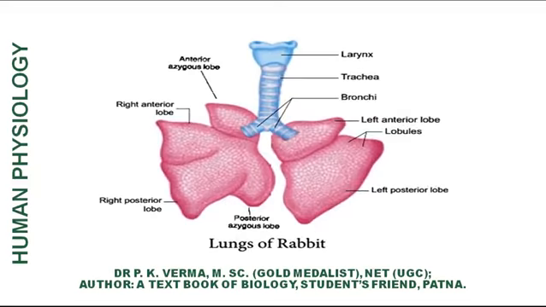This is the diagram of the respiratory system of rabbit. On the left side there are two lobes, but on the right side there are four lobes: the right anterior, right posterior, anterior azygos, and posterior azygos lobes.